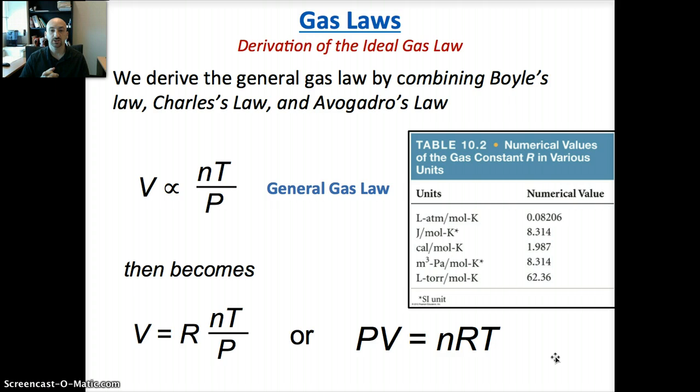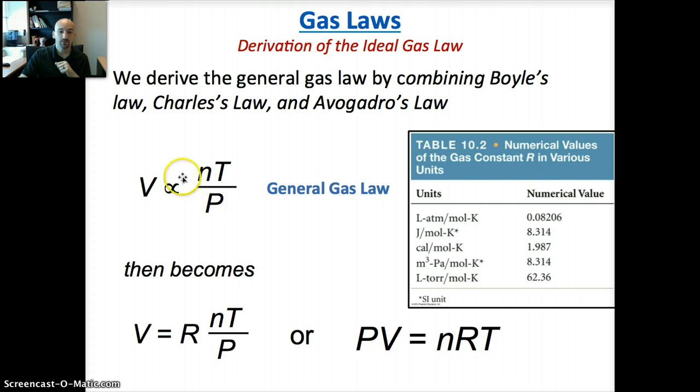We can actually derive what's called the general gas law or ideal gas law by combining Boyle's law, Charles' law, and Avogadro's law. Basically we can say that the volume of a gas is directly proportional, which is this little symbol, to the moles of gas times temperature divided by pressure.